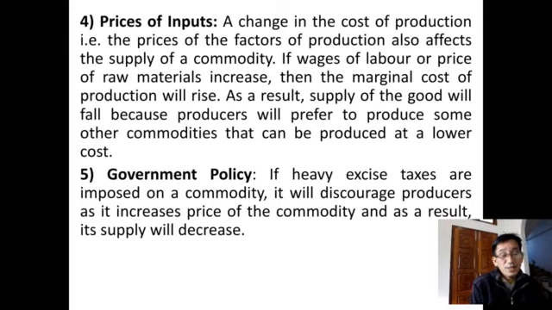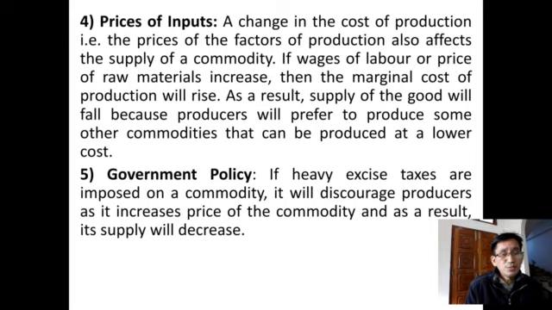When the cost of production rises, the profit margin will decline. Producers will prefer to produce some other commodities that can be produced at a lower cost. If labor cost and raw material cost go up, producers look for the least cost method of production.